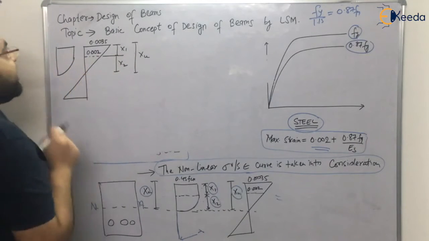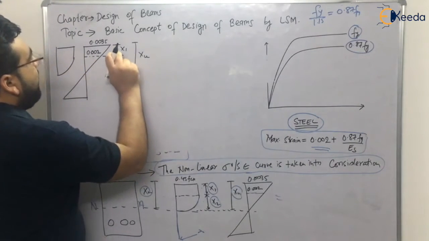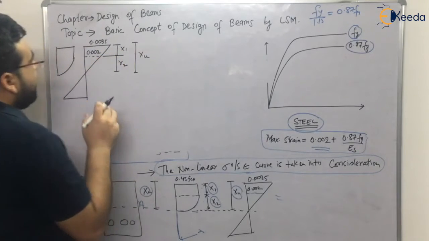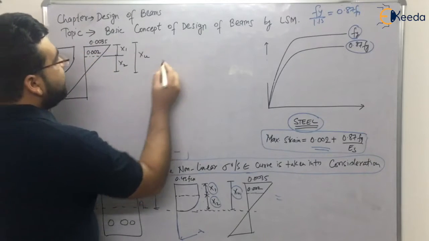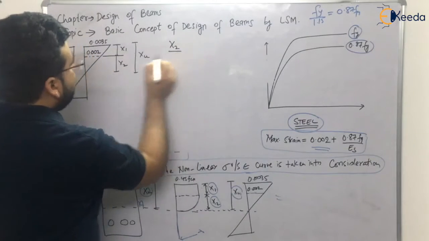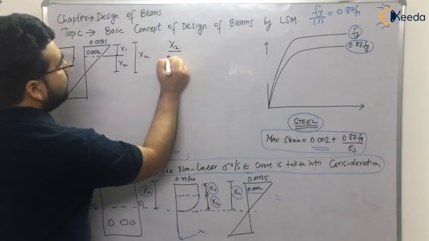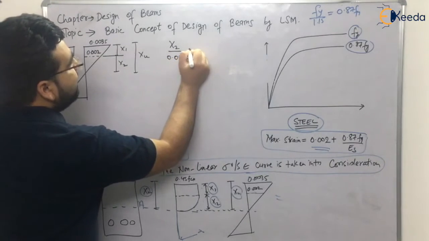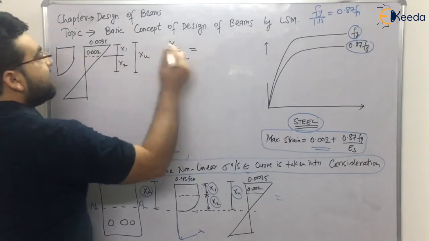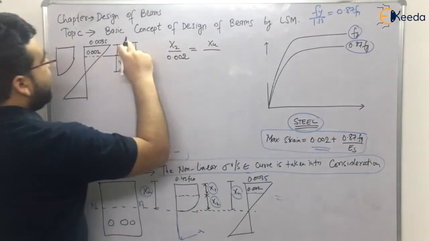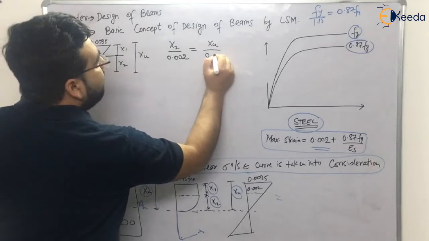Now from the similarity of triangles, x2 divided by 0.002 equals x1 plus x2, which is xu, divided by 0.0035.